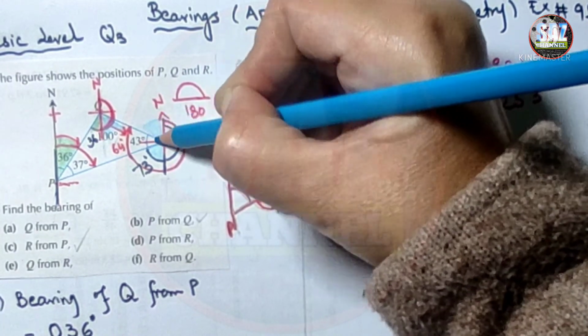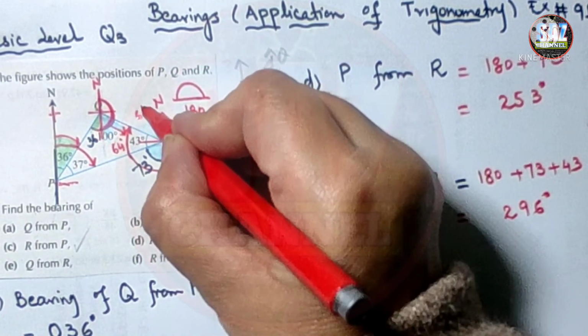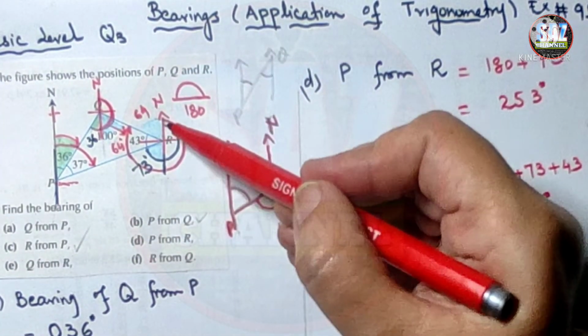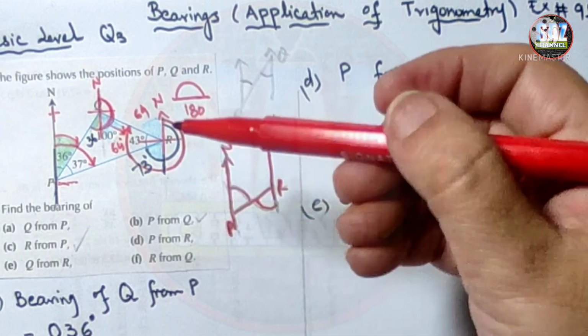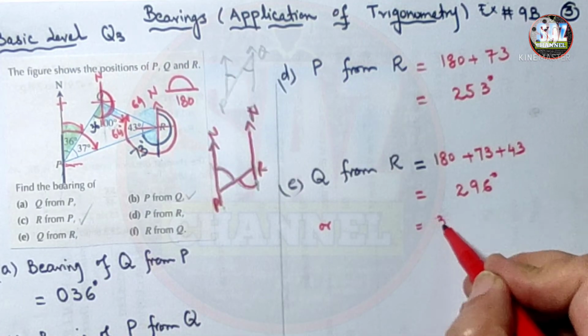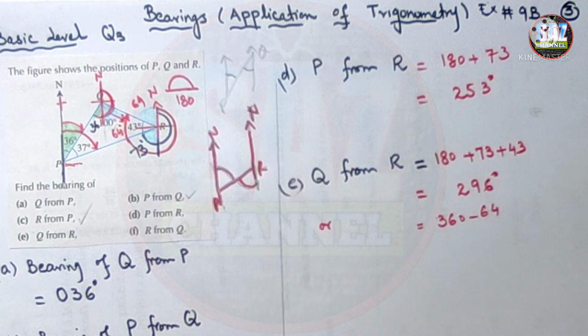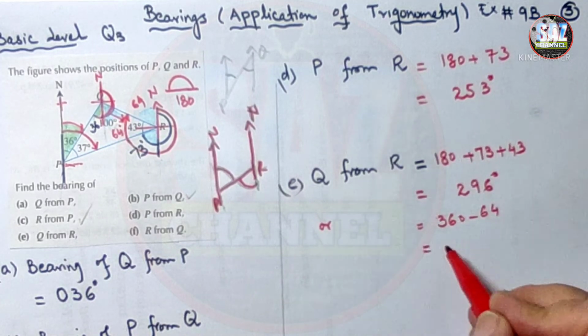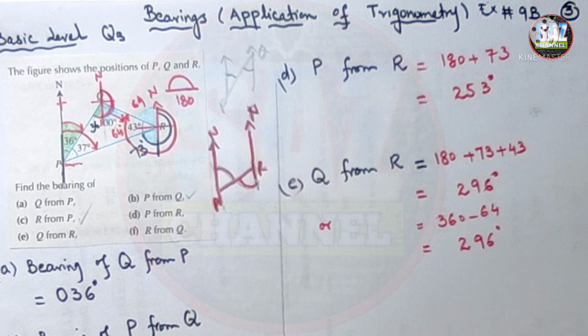So in the other way, you can see that I have almost the complete circle with me, but I have to stop before 64 degrees. So it can be 360 minus 64, which is 296 degrees. I hope you are really clear about this part, and let's move to the next part.